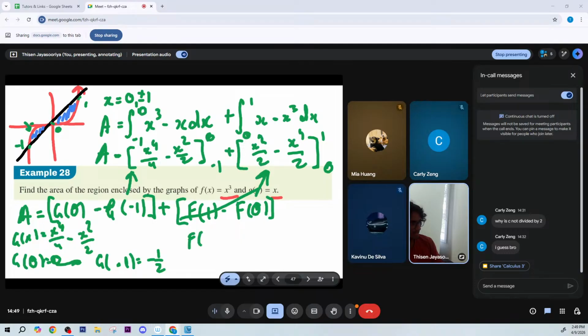We do here f of x equals x squared over 2, take x to the 4th over 4, sorry, this is over 4. This is f of 0 equals 0, and then f of 1 equals 1/2.